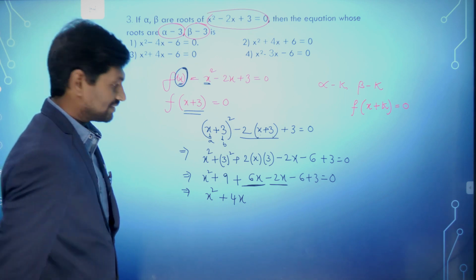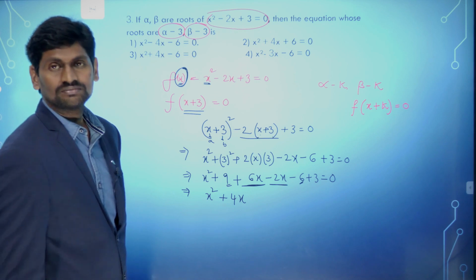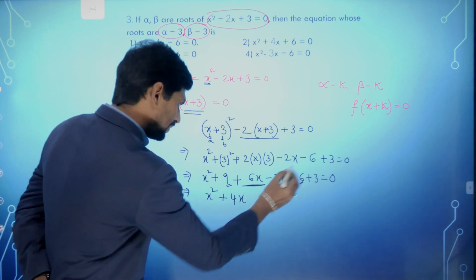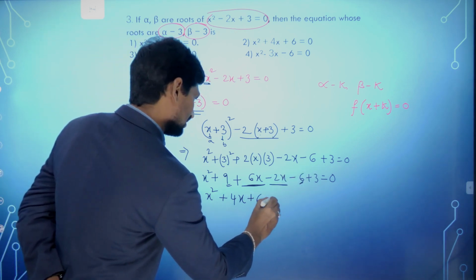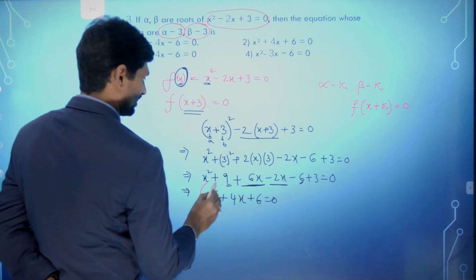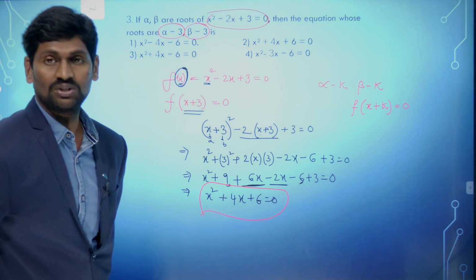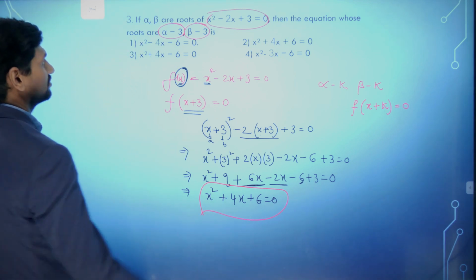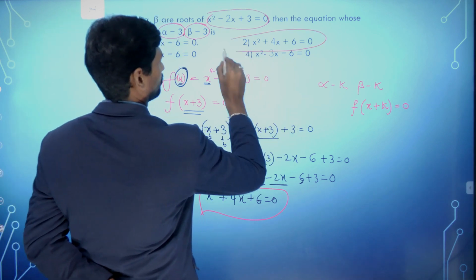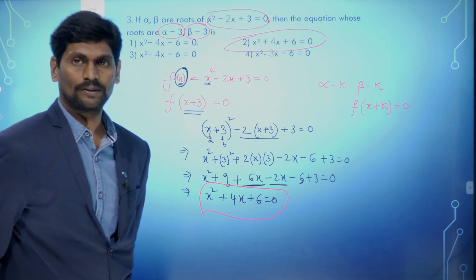Now numbers, 9 minus 6 is 3. 3 plus 3 is 6. So what is our required quadratic equation? X square plus 4x plus 6 equals 0. That is nothing but option 2.